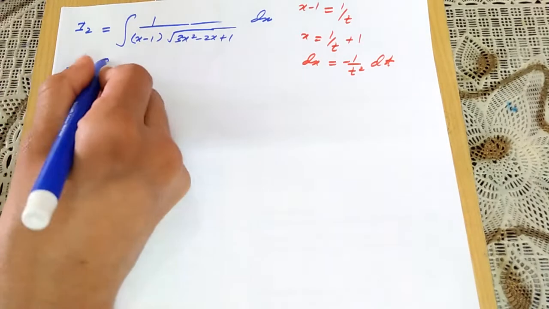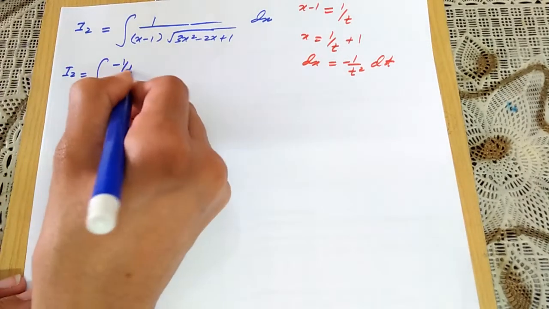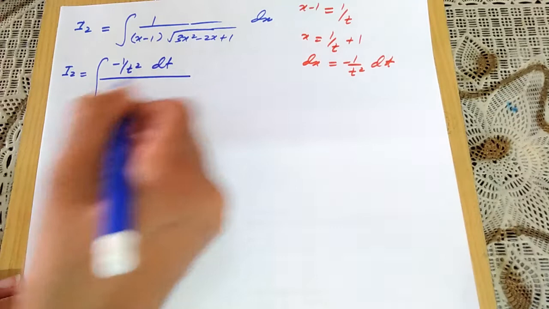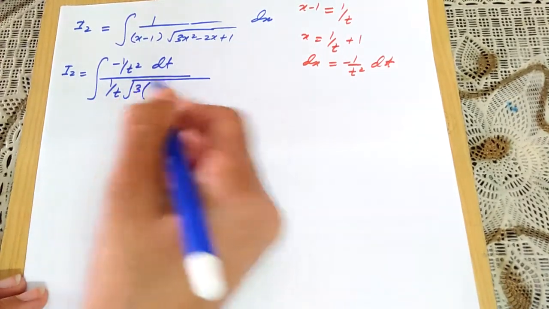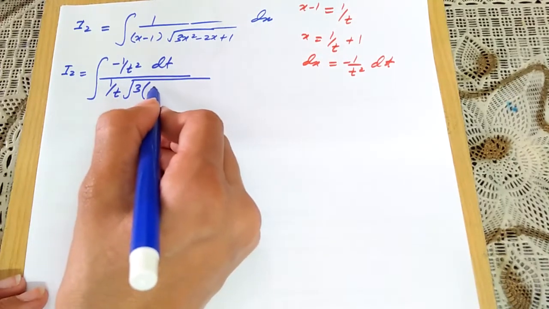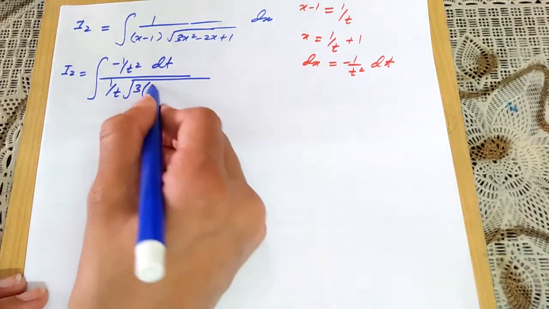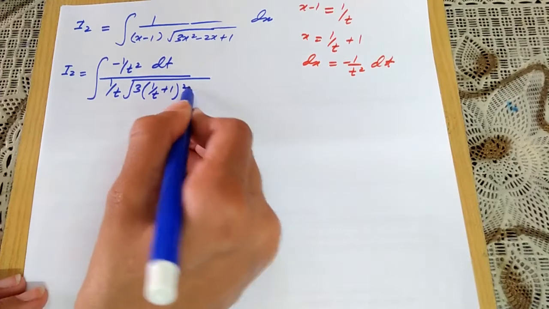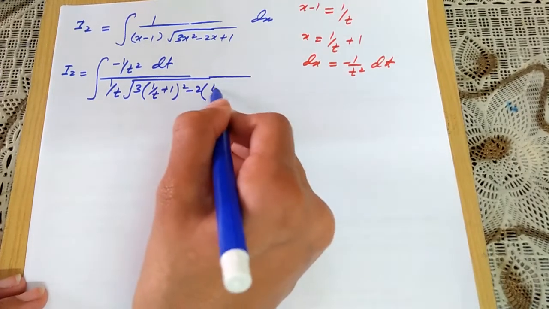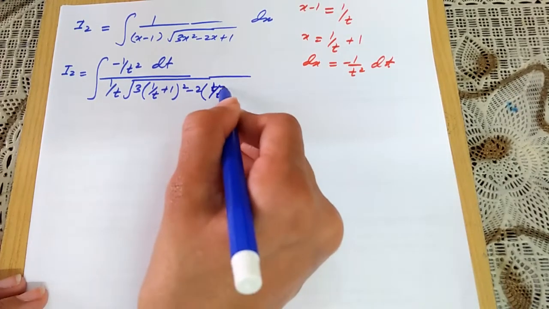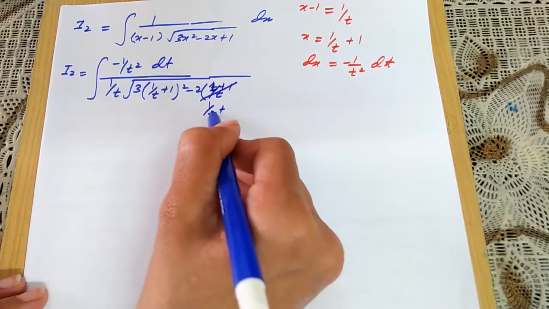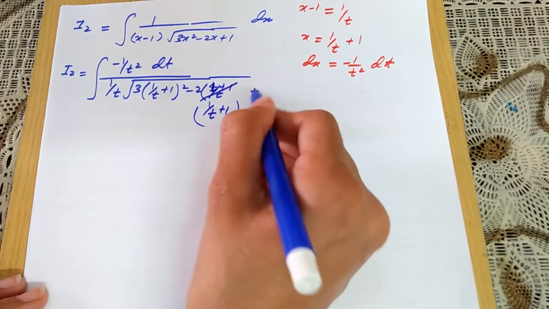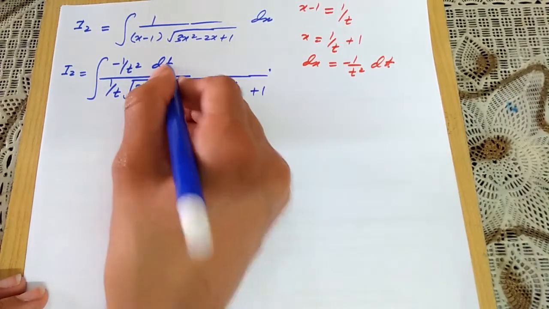I2 will be equals to integration minus 1 over t square dt over x minus 1 is 1 over t, and inside this integral 3 into this, that is x square, that is 1 over t plus 1 whole square, minus 2 into x is 1 over t plus 1, and plus 1 here dt here.